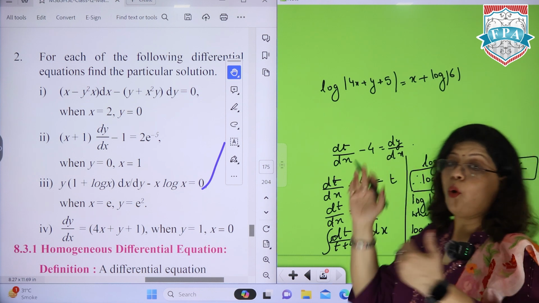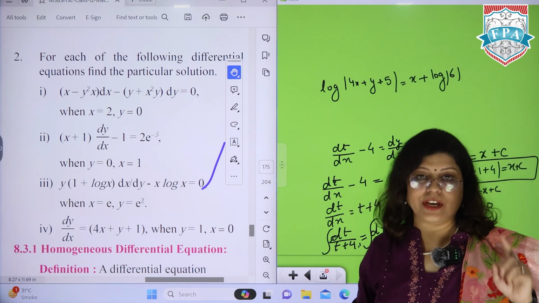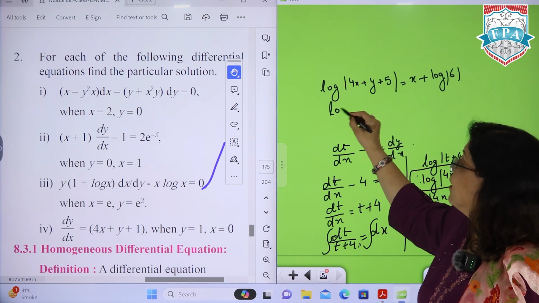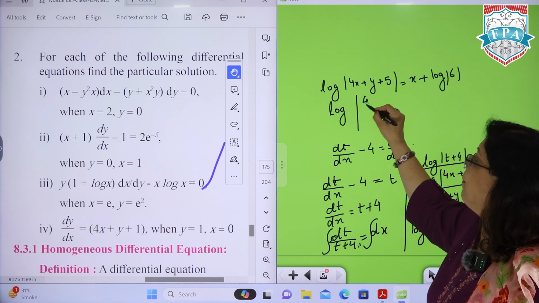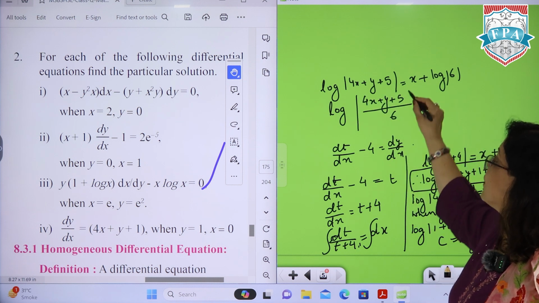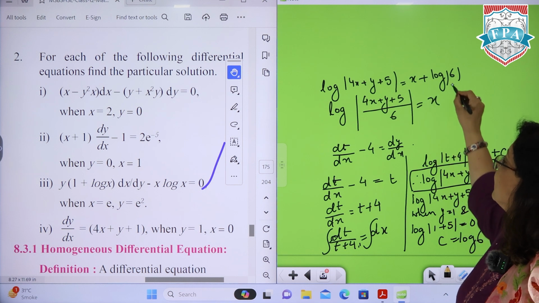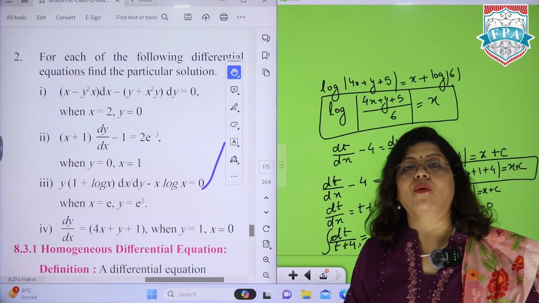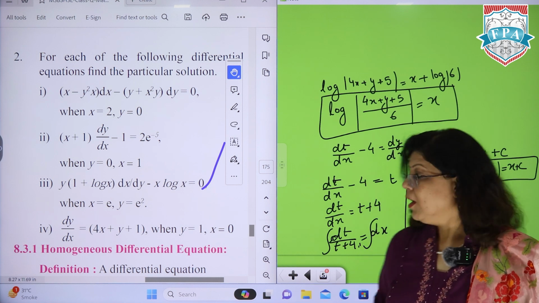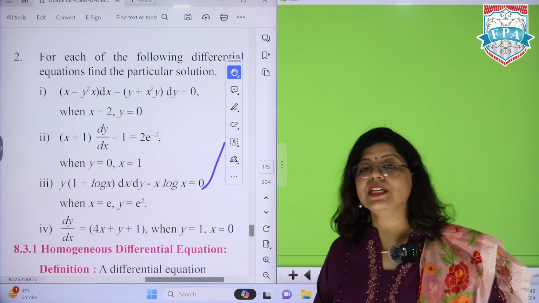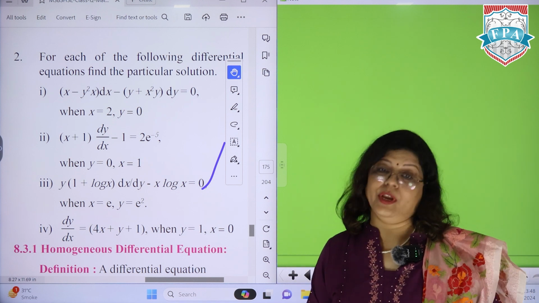Since there are two log terms, we'll simplify it by shifting it to one side. And when we shift it as minus, we get the log m by n concept, which is this upon 6, which is equal to x. And this becomes your particular solution of the question. So in this manner, we'll solve the one where we cannot easily separate the variable.